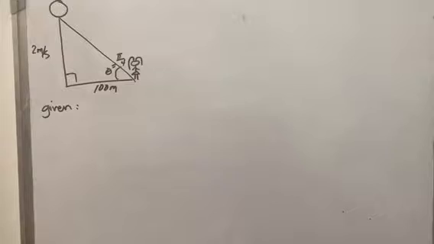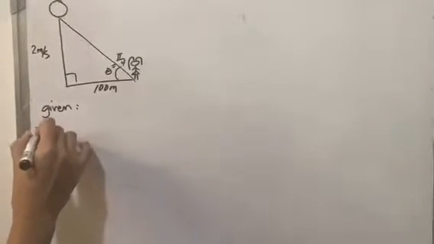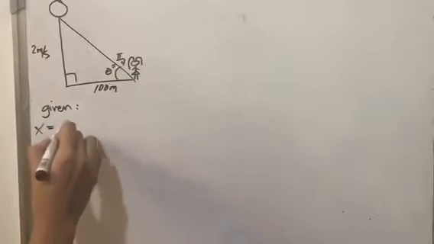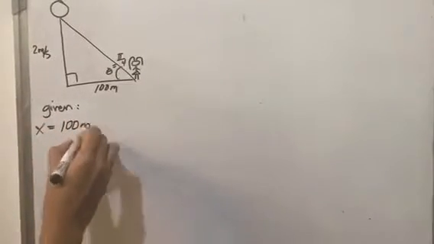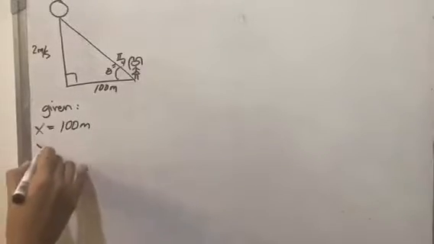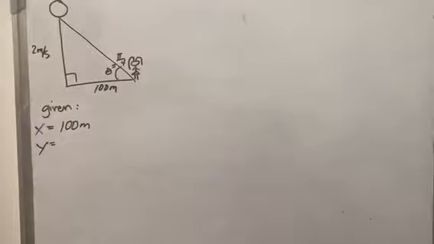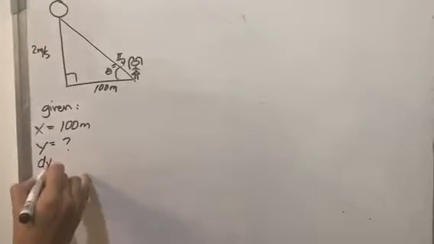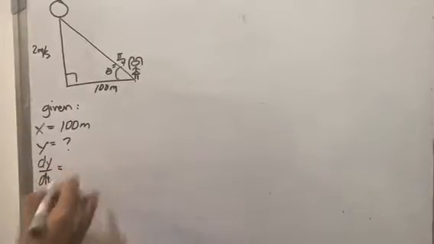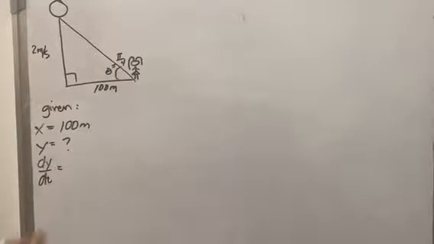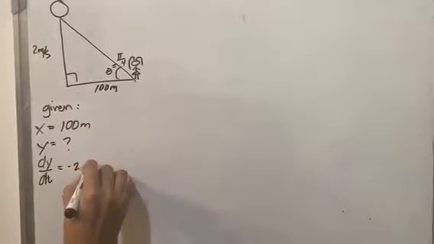The distance between the base of the building and Maya is considered as the x variable, which is equal to 100 meters. The y variable, or the height at which the ball is dropped, is not given. However, the rate of change with respect to time at which the ball is dropping, or dy over dt, is given, which is negative 2 meters per second.